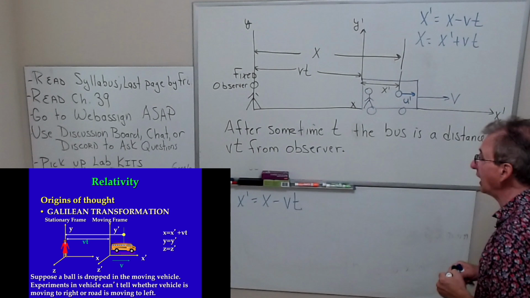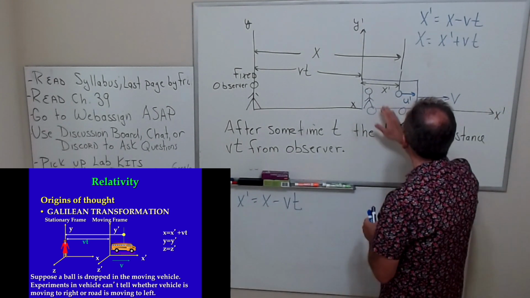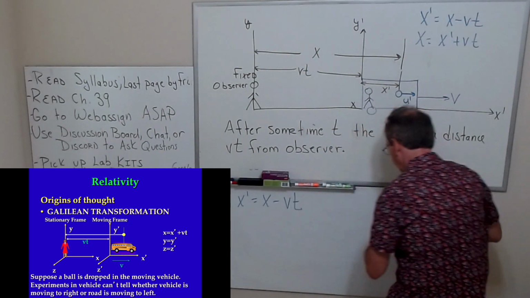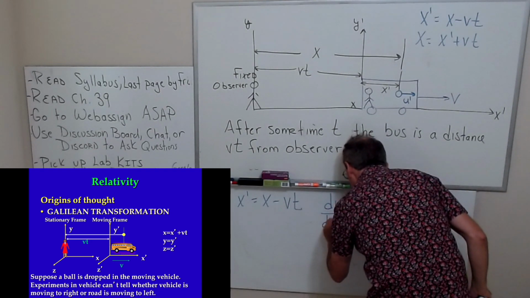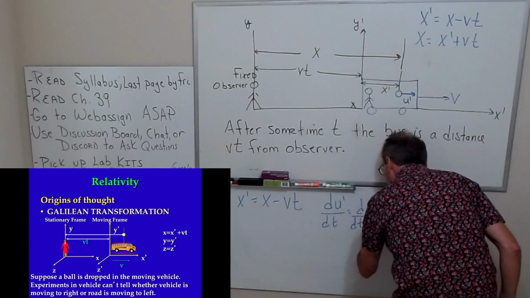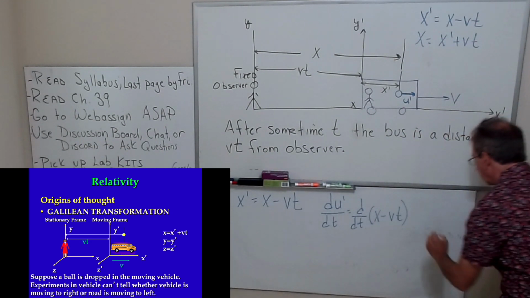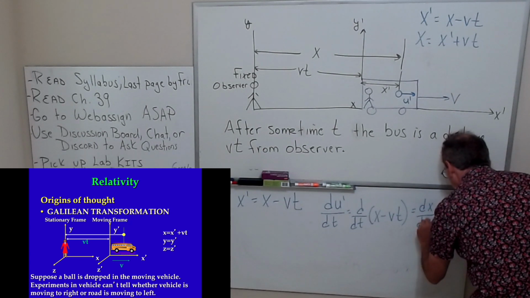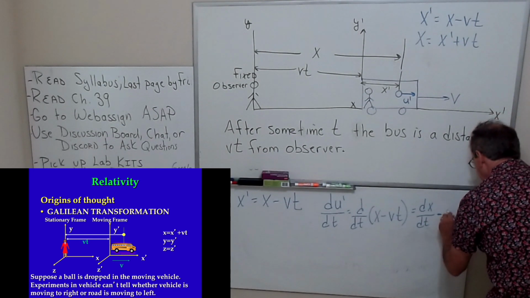Suppose I want to calculate the expression for the velocity of this thing. Well, I just got to take the derivative. And that's going to give me dx over dt minus v.